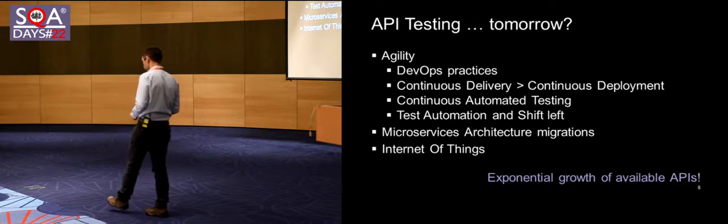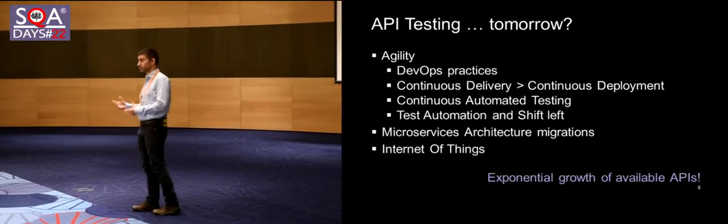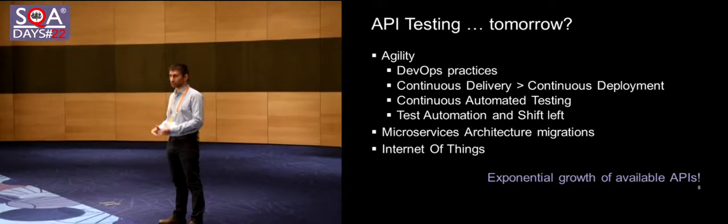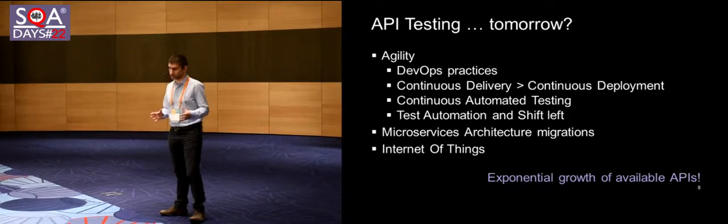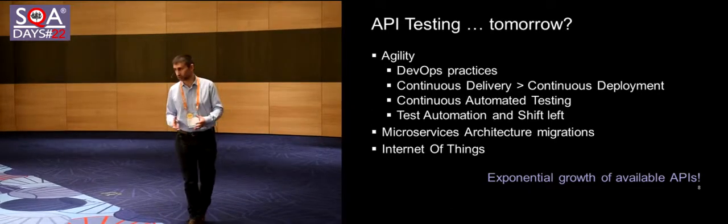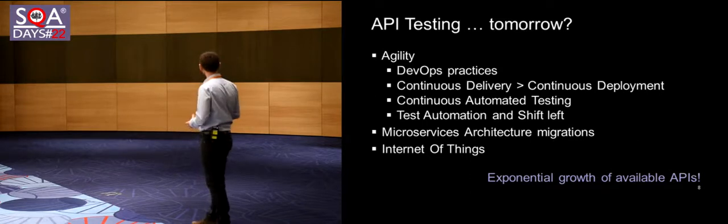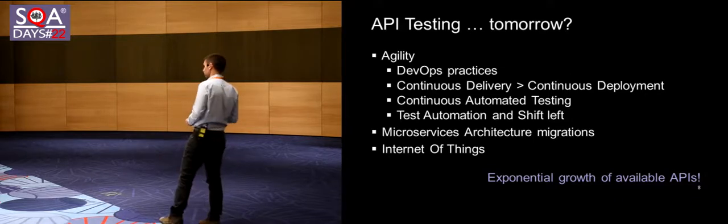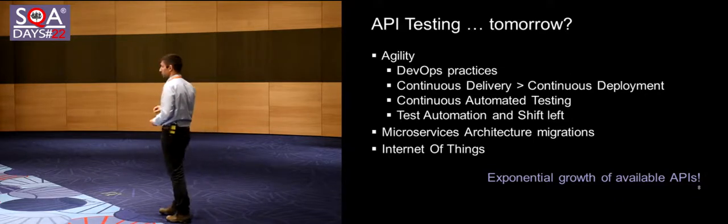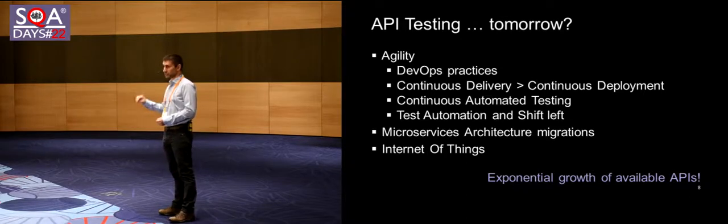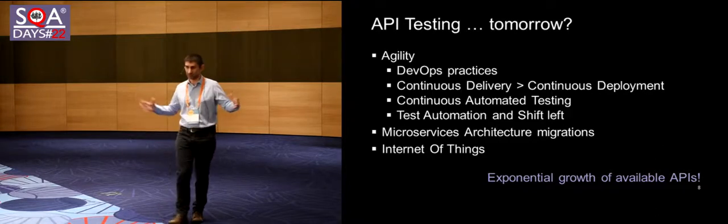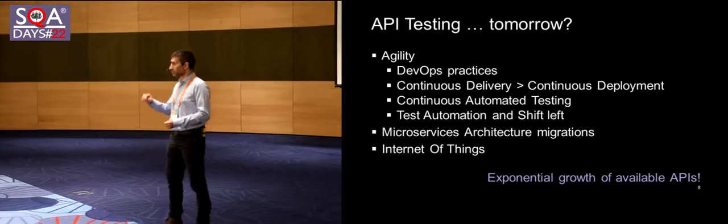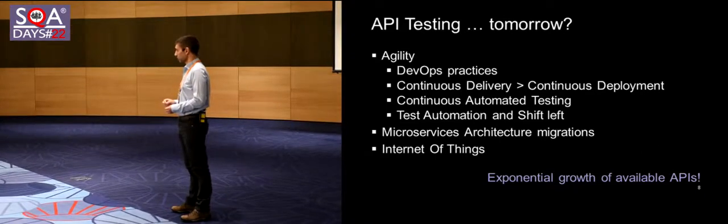Today in Portugal, for example, we have banks that are moving from mainframe into Java. So they are moving from a big monolithic architecture into microservices, where all the different components in the financial transactions are served as independent services with an API.